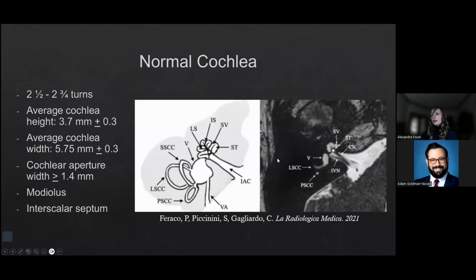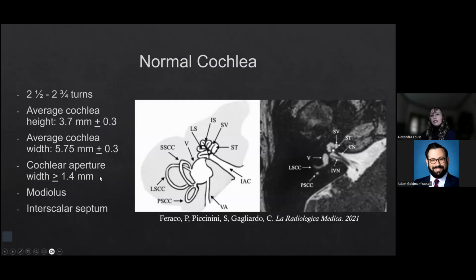So the normal cochlea, as we mentioned, should have 2.5 to 2 3/4 turns. Usually average height of about 3.7 millimeters, average width of about 5.75 millimeters. The cochlear aperture should be greater than 1.4 millimeters. So this is something that you might be able to catch on CT.